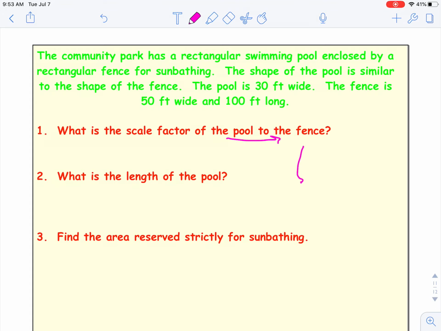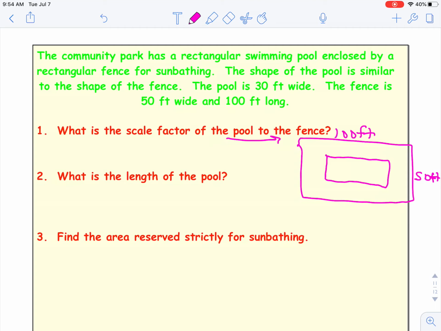Well, first of all, if we draw this, we have a fence and it is 50 feet by 100 feet. That's the fence. And then enclosed inside it, you have the pool, and that is 30 feet wide.